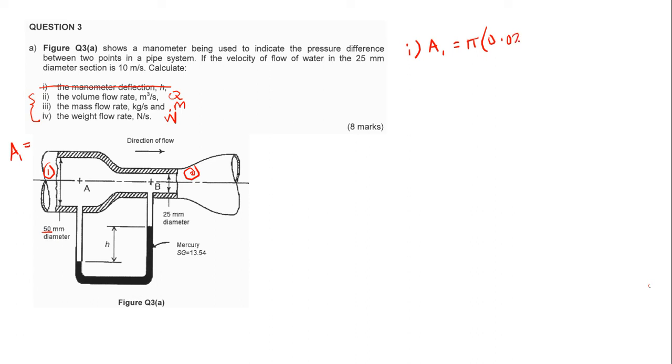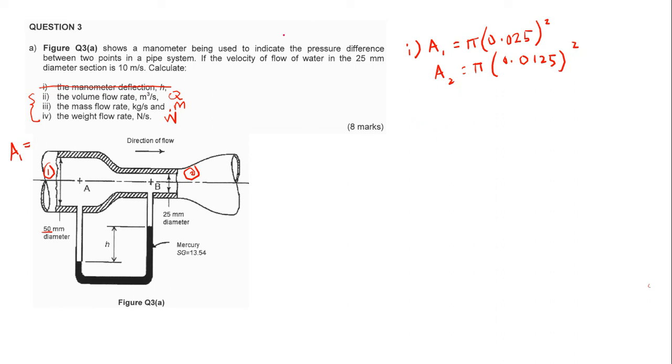Dekat B, sorry. So this is A1, and A2 is pi times 0.0125 squared. So this is your area.